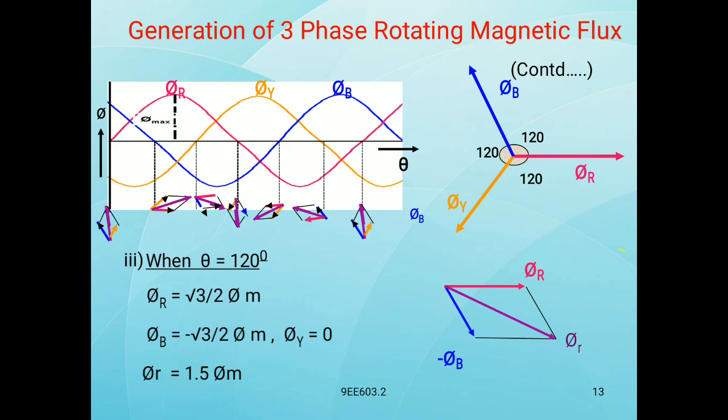This is the vector diagram of the resultant at θ equal to 120 degrees.